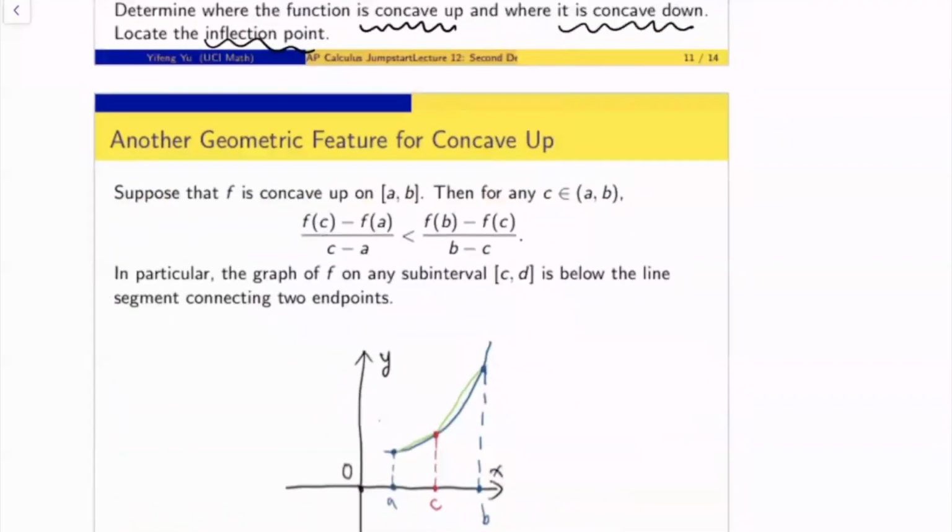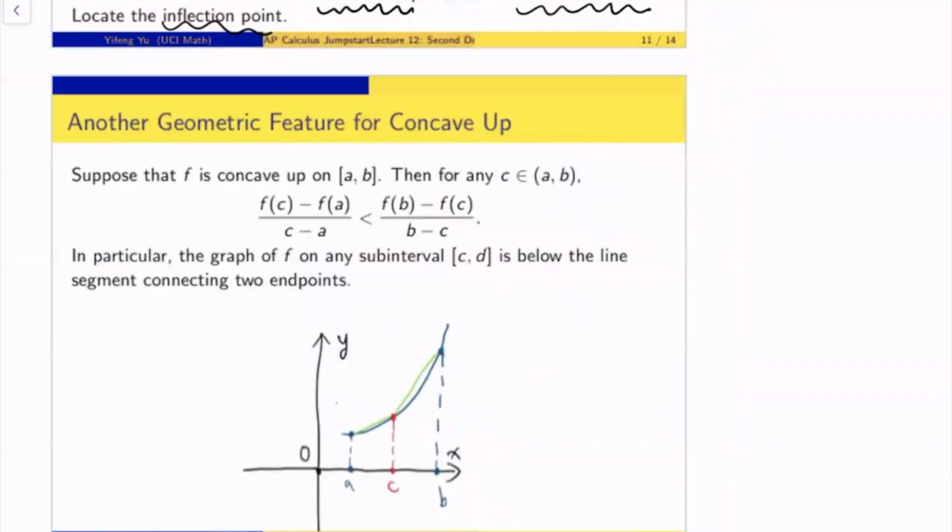Here let's look at another geometric feature. If we have a function which is concave up, so this is a concave up function, and I choose some point in the middle, between A and B, and then look at the slope of this line segment and the slope of this line segment, the slope of the one on the left is less than the slope of the one on the right.